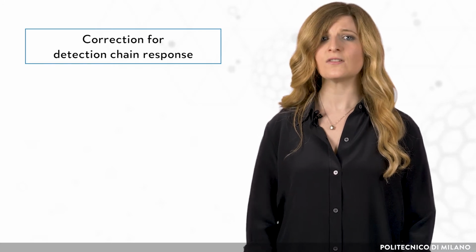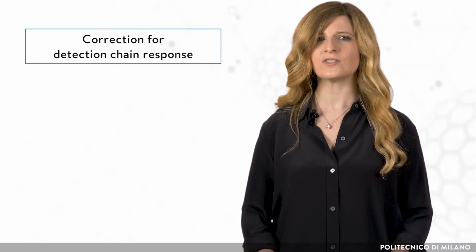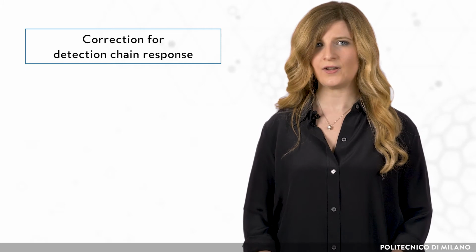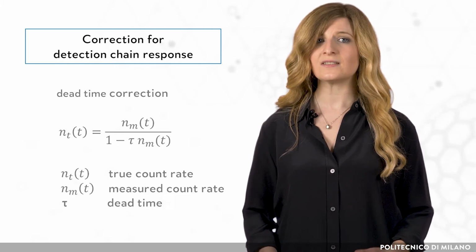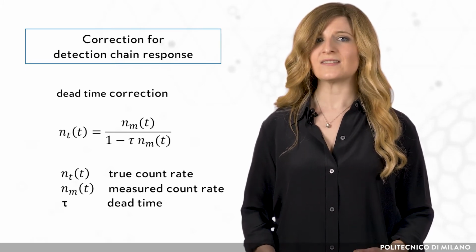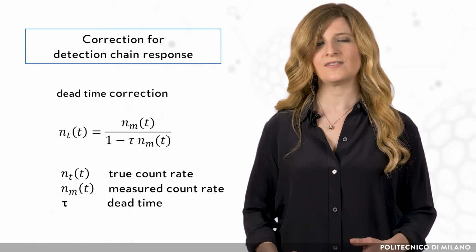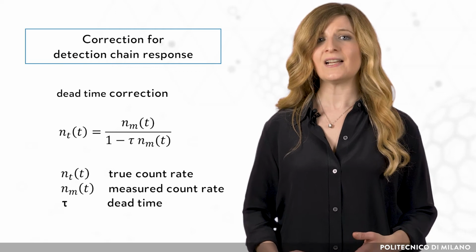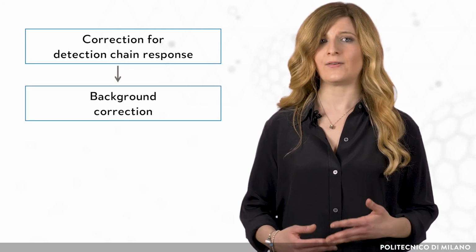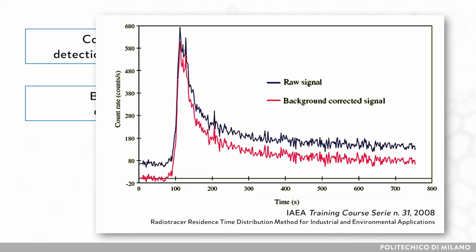Some loss of counts could be encountered due to the time response of the detector. This also depends on the dead time of the detector, that is the minimum time required for detecting two consequent counts. Then, the signal has to be corrected for the background radiation that exists independently of the tracer experiment.